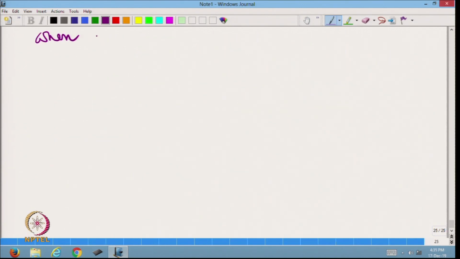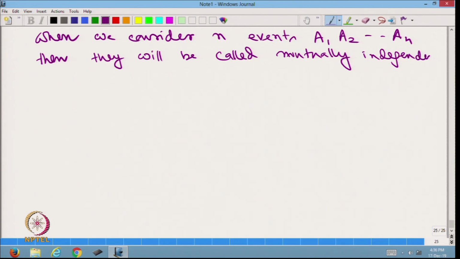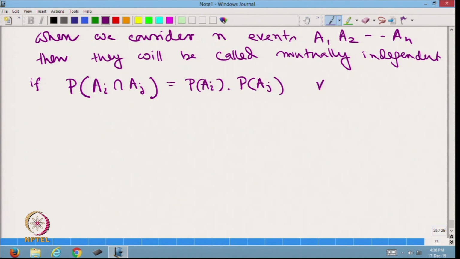When we consider n events A1, A2, up to An, then they will be called mutually independent if probability of Ai intersection Aj is equal to probability of Ai into probability of Aj for all i, j belonging to 1 to n.